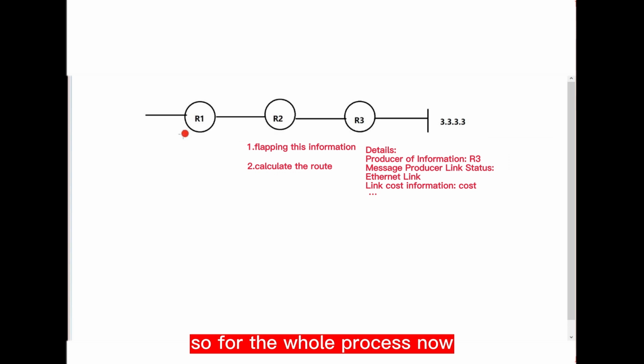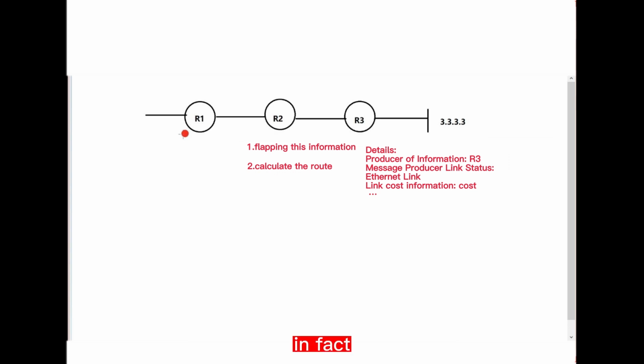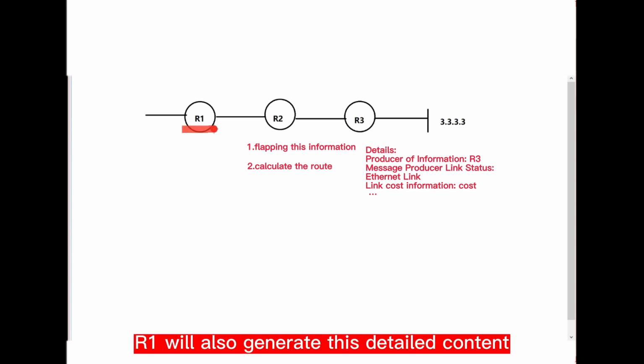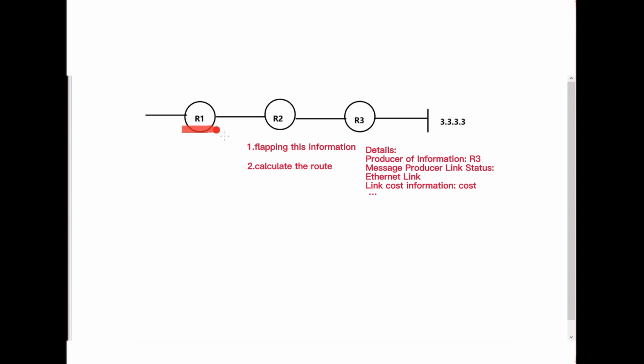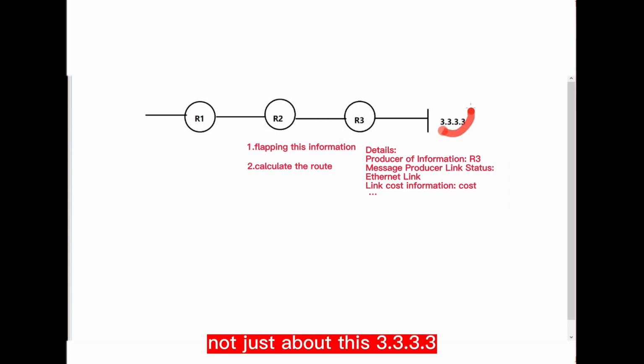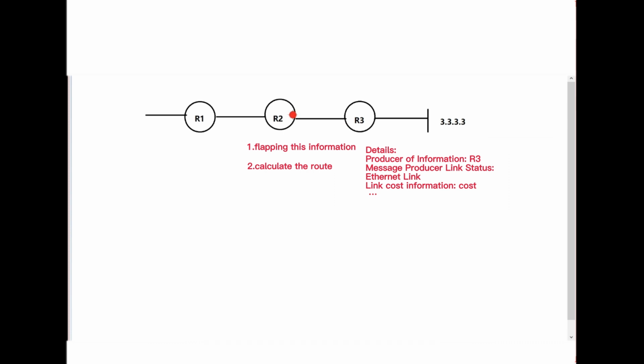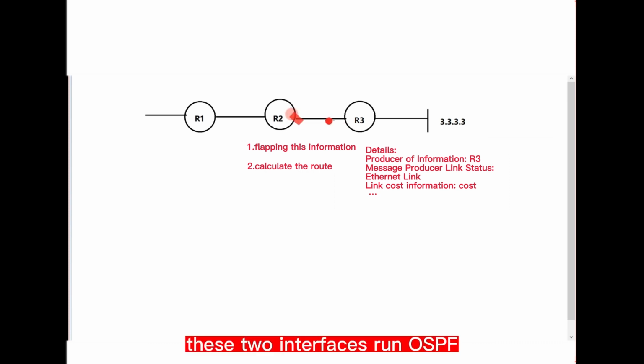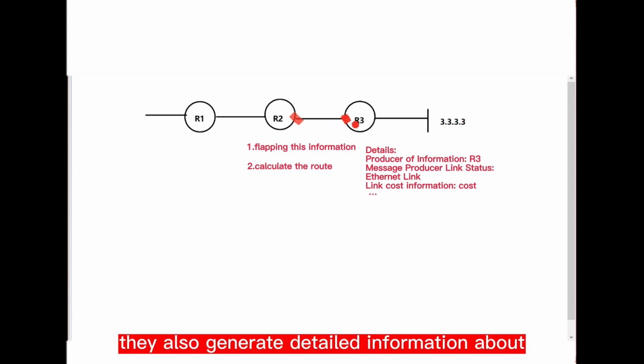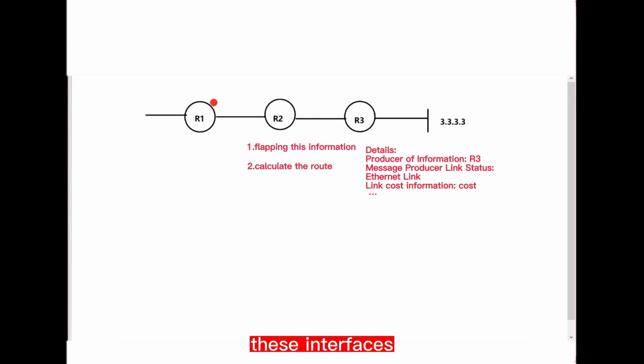So for the whole process, everyone also needs to know that R1 will also generate this detailed content. R2 will also. R3 will also. Not just about this 3.3.3.3. For example, these two interfaces run OSPF, and they also generate detailed information about these interfaces.